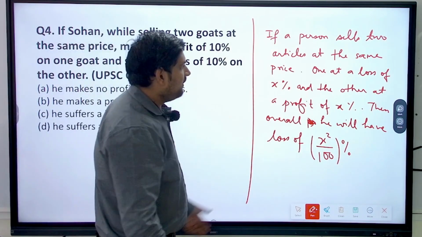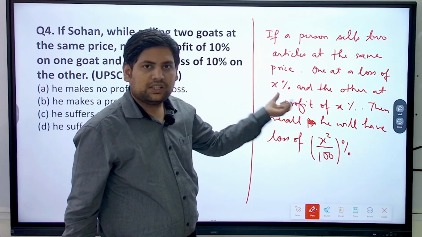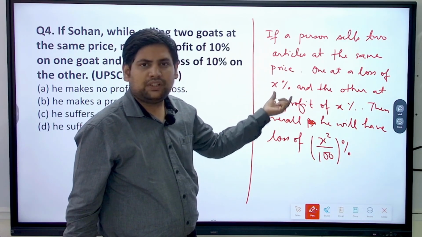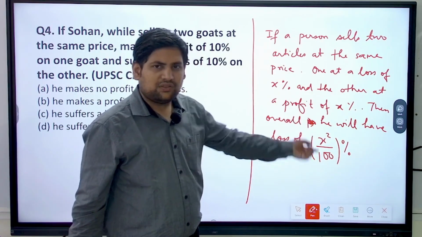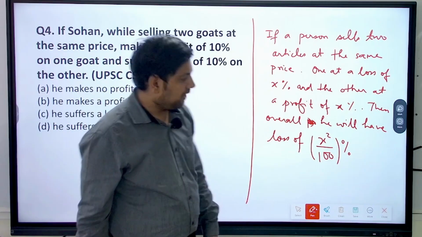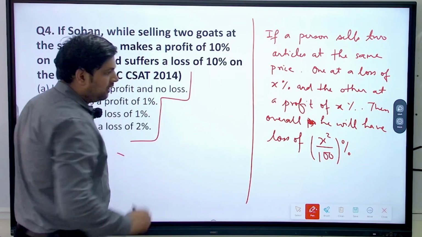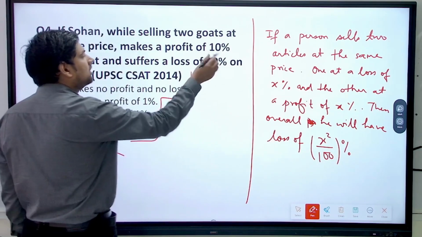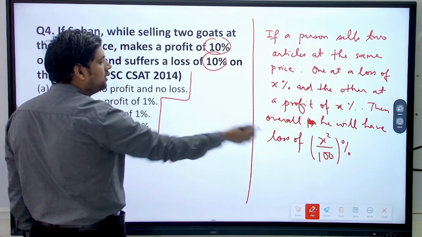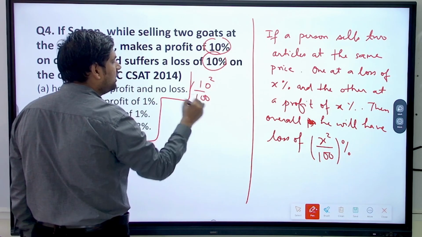For example, if a person is selling articles at the same price, one of these is sold at X% profit and one at X% loss, then overall he will have a loss of X square by 100%. Now in this question, X was 10%, so you put 10 in place of X, and this becomes 10 square by 100%.